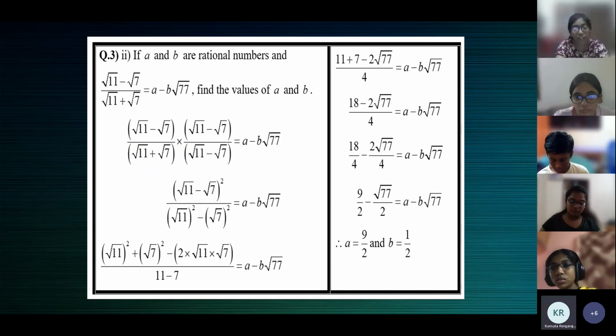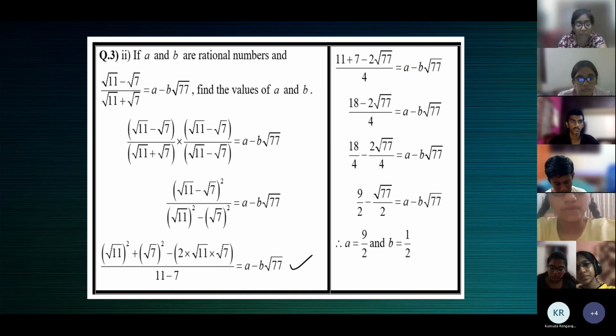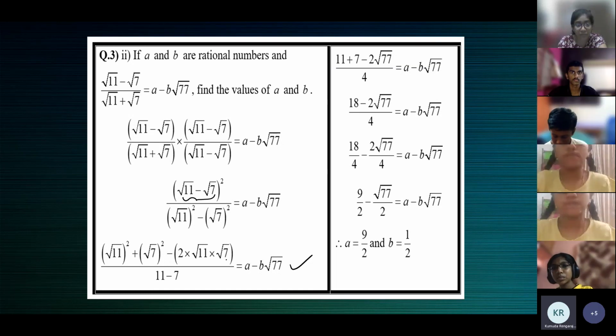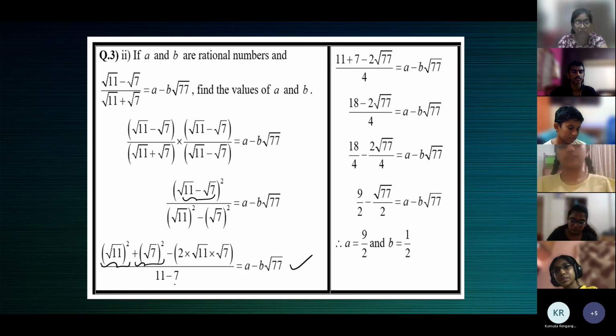Ma'am, can you explain the third step alone once again? This one? Yes, ma'am. A minus B the whole square, right? So a square plus b square minus 2ab.